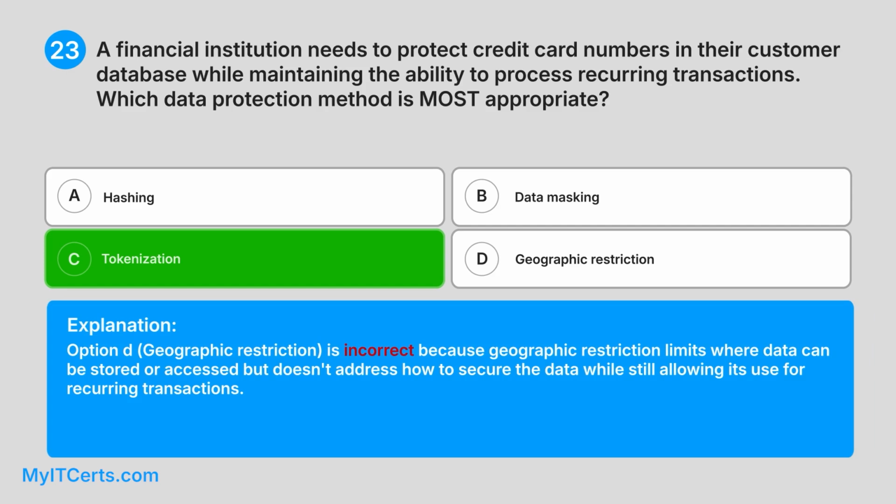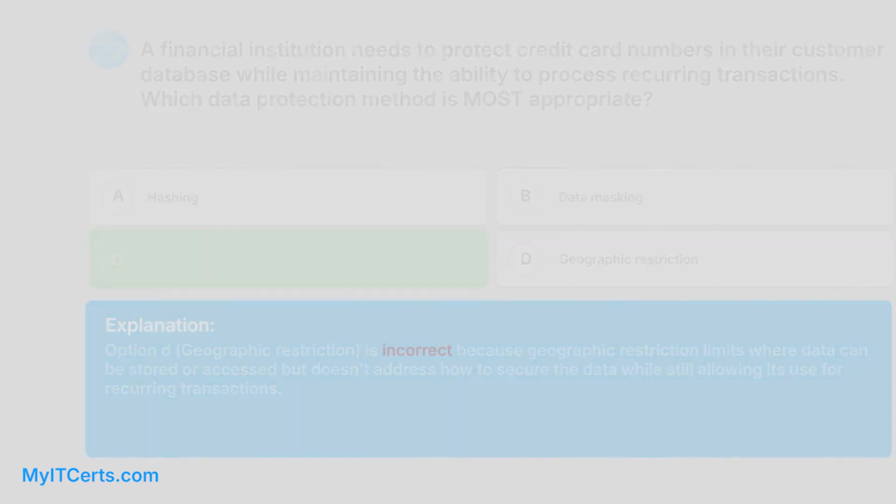Option D, geographic restriction, is incorrect because geographic restriction limits where data can be stored or accessed, but doesn't address how to secure the data while still allowing its use for recurring transactions.